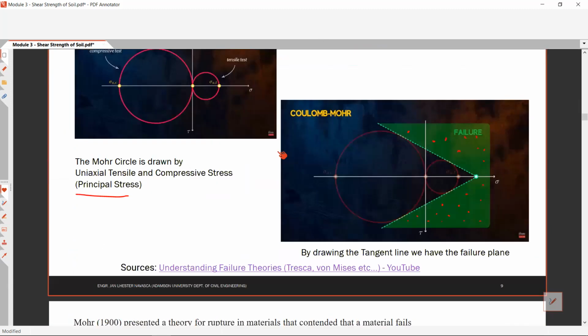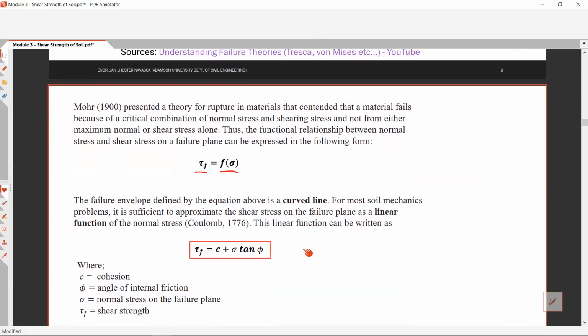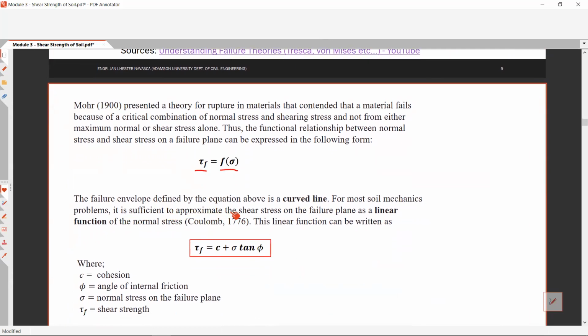So that is why, with Coulomb in 1776, kaya siya ginawang Mohr-Coulomb failure criterion. Pinagsama nila yung theory ni Mohr in 1900 and the approximation of Coulomb in 1776. So this one is a curved line, and this one is the incorporation of a linear function.